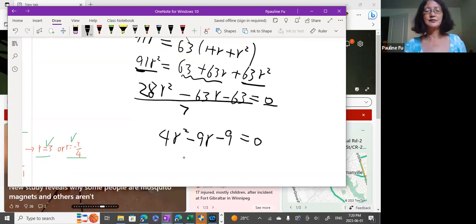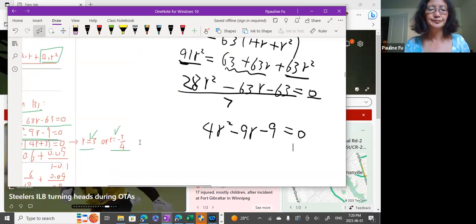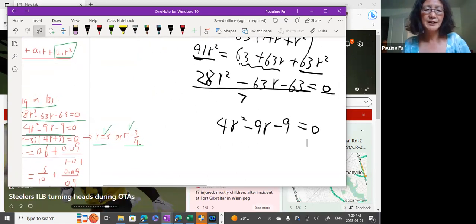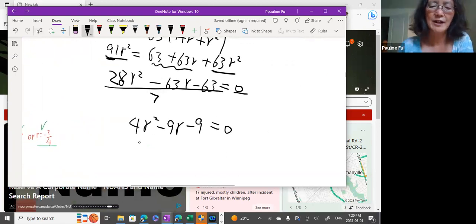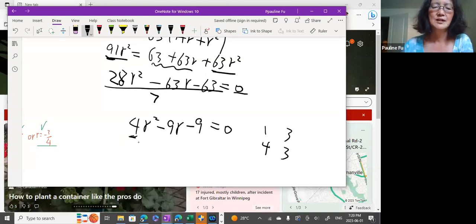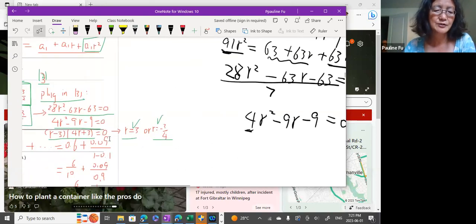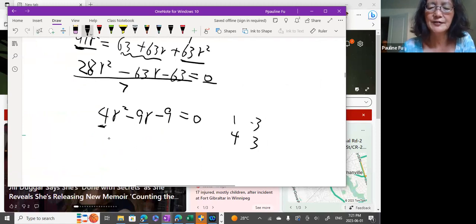And what we get so far is a quadratic function. And we can factor this. So we can factor 4 as 1 times 4. This 9, we can do negative 3 times 3 is 9.